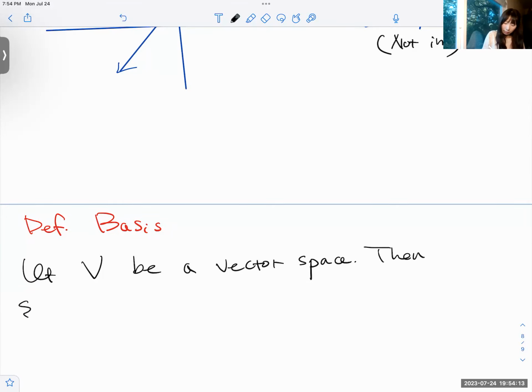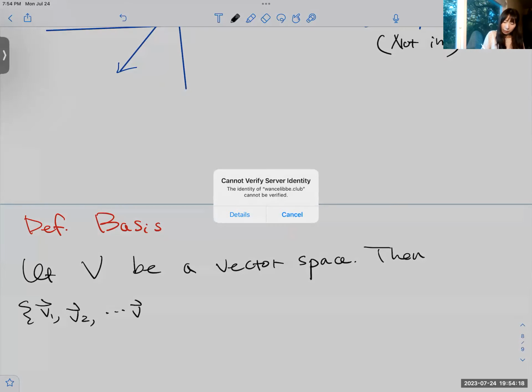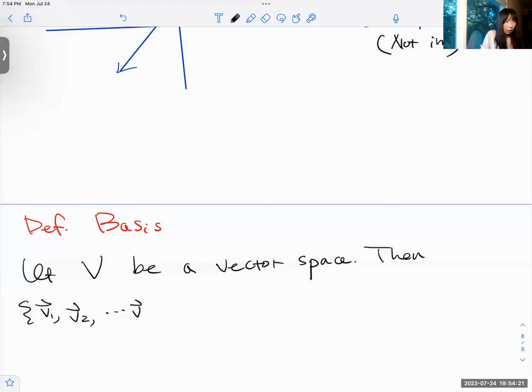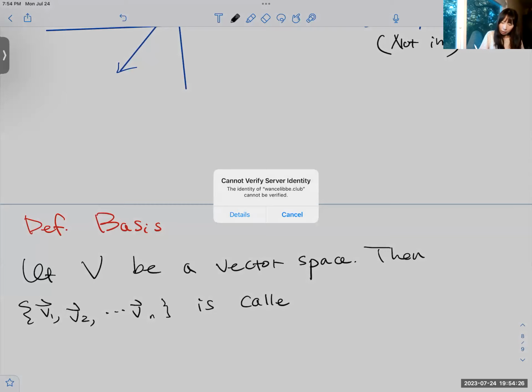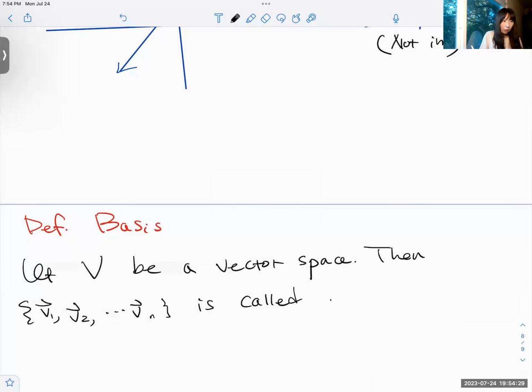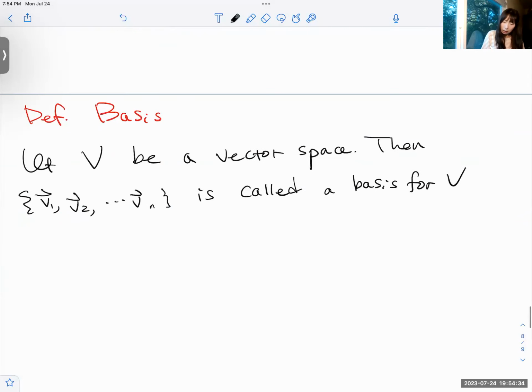Then vectors V1, V2, until Vn are called a basis for V if two conditions hold.